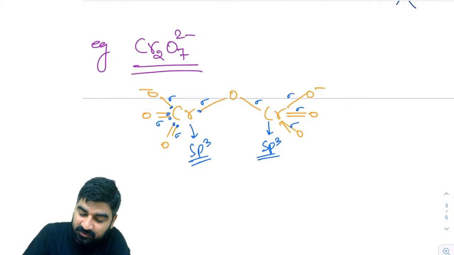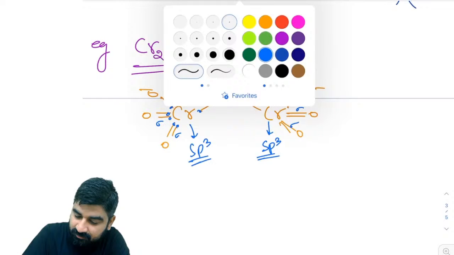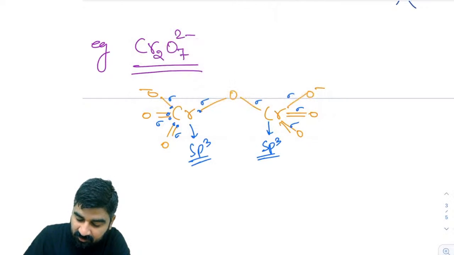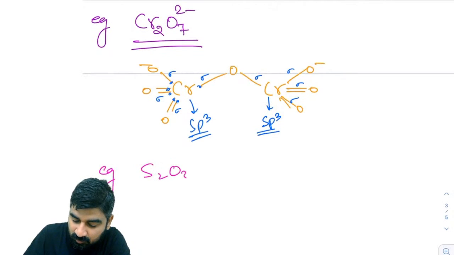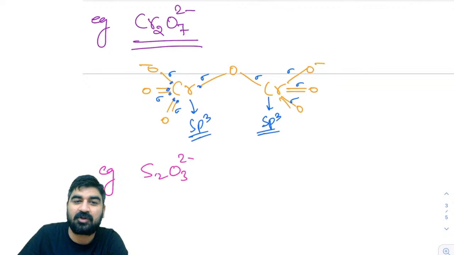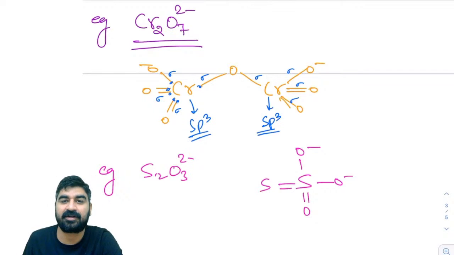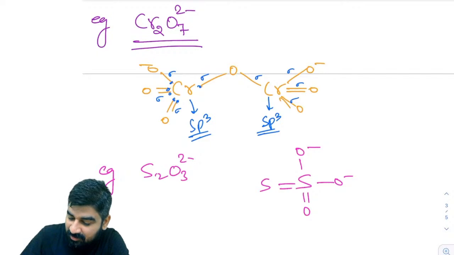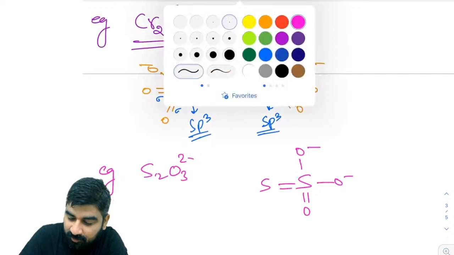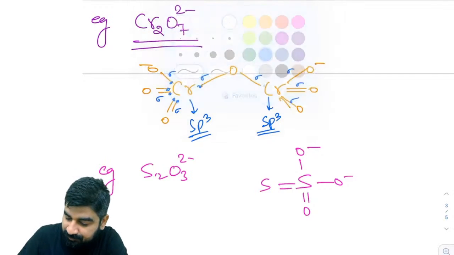Similarly, if I ask you to find the hybridization of S2O3 2 minus, how will you do it? So again, you have O minus. In this case, how many sigma bonds is it making?